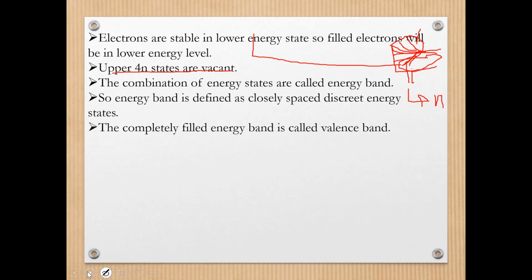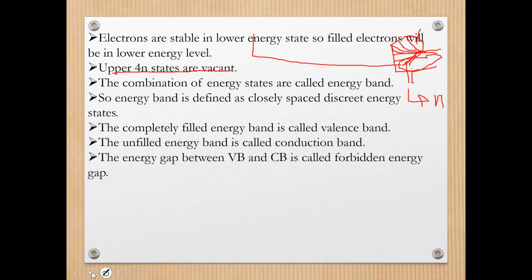The completely filled energy band is called the valence band, and the unfilled energy band is called the conduction band. I will show that.